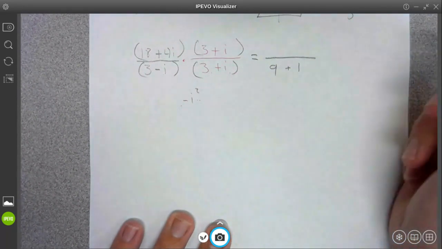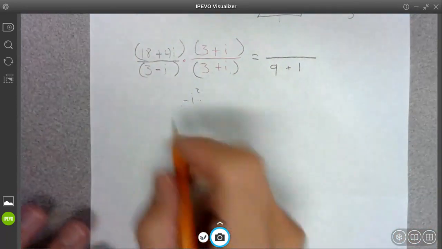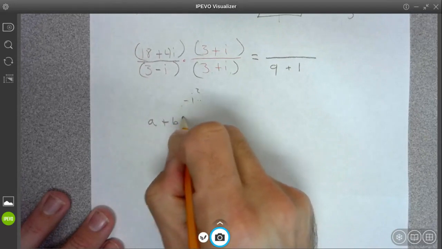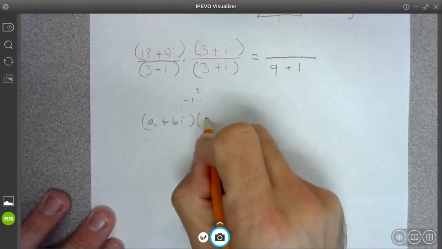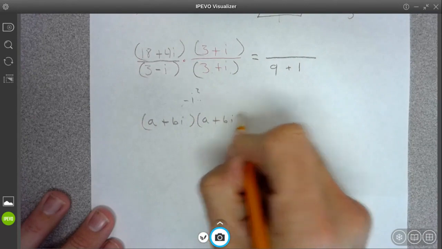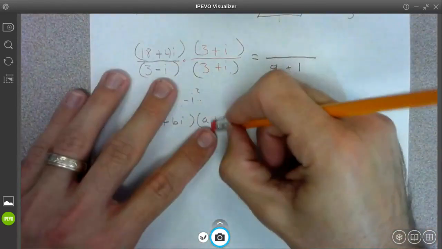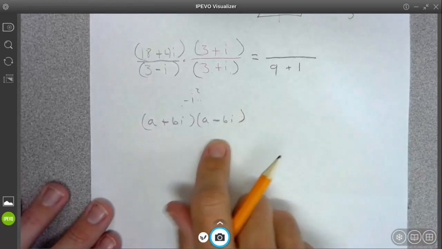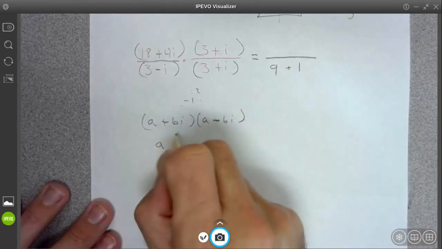So plus 1. Now let me look at the little formula for what happens if you're doing a complex number times its conjugate. This is a difference of squares. So the middle terms are definitely going to cancel.